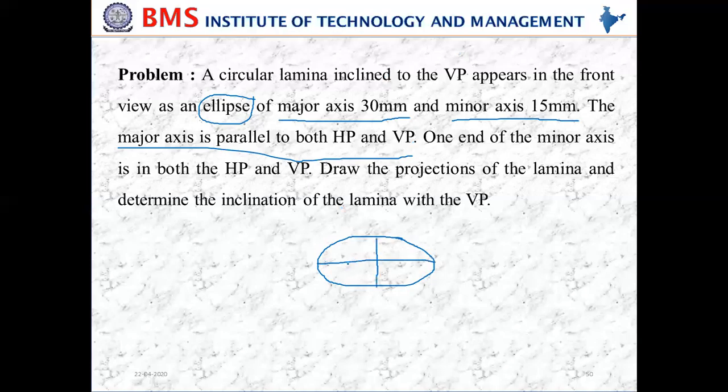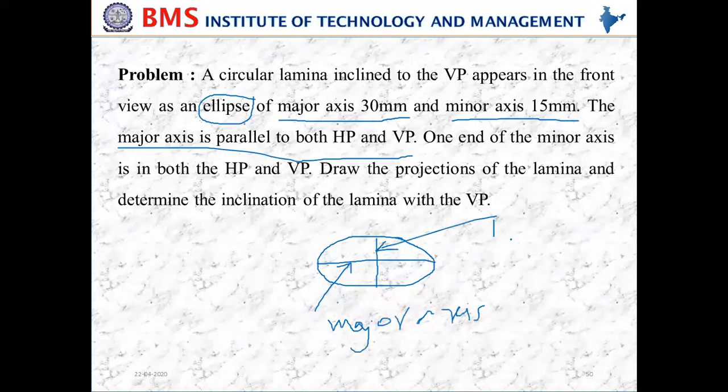So if you know what the ellipse is, this is called the major axis, and this is called the minor axis.